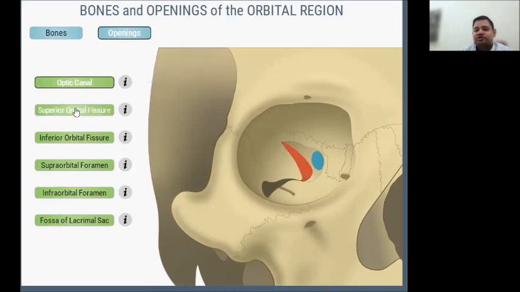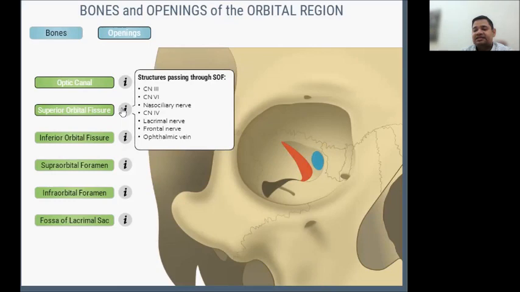Next opening is the superior orbital fissure. You can see it in orange color, superior orbital fissure. The structures passing through it are a big list, especially the cranial nerve number 3, 6, nasociliary nerve, cranial number 4, lacrimal nerve, frontal nerve, and ophthalmic vein. So you can see 3, 4, and 6 as cranial nerves, and then different parts, nasociliary nerve, lacrimal nerve, and frontal nerve.